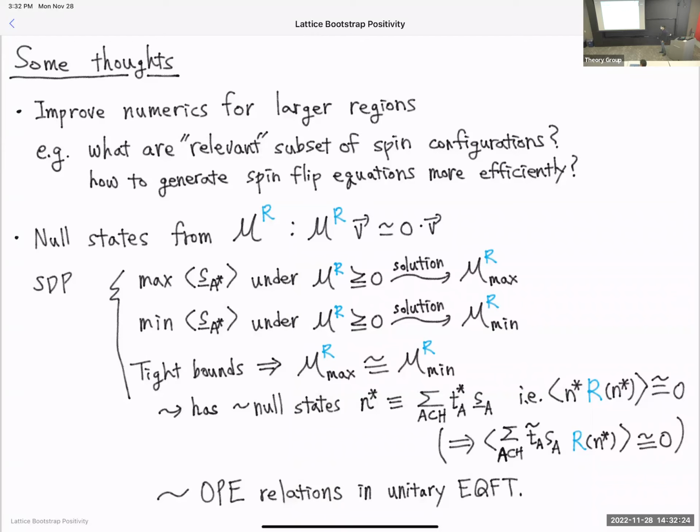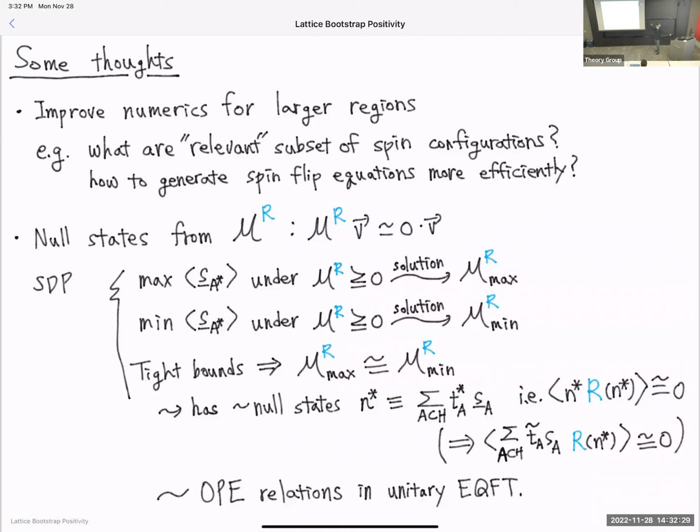So what are these null states like? It's some linear combination of a whole bunch of spin configurations, a whole bunch of spin insertions. How can you express that as a linear combination of some smaller set of spin configurations? In that sense, it's something like OPE. We don't have any rigorous argument for that, but that's what it looks like.